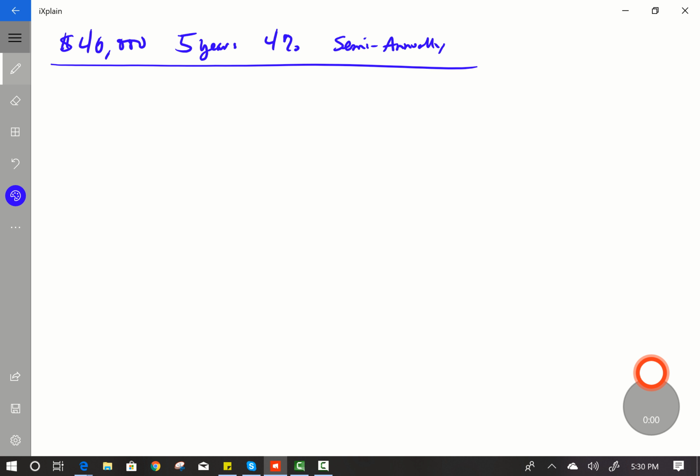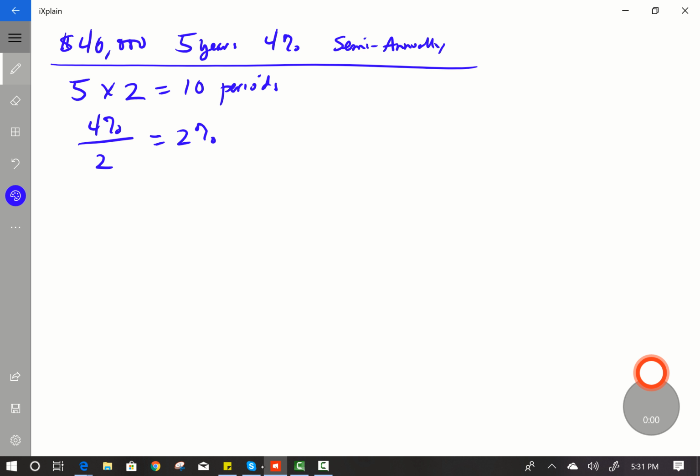So on this one right here, all we're wanting is a future value. What will $40,000 turn into in 5 years if it's compounded semi-annually at 4% interest? So the first thing we're going to do is take 5 years times the number of times it's going to be compounded on a yearly basis, which is twice. So that's going to give us 10 periods. Then we're going to take 4% interest and divide that by twice a year, the number of times it's compounded in a yearly period, to give us 2%.